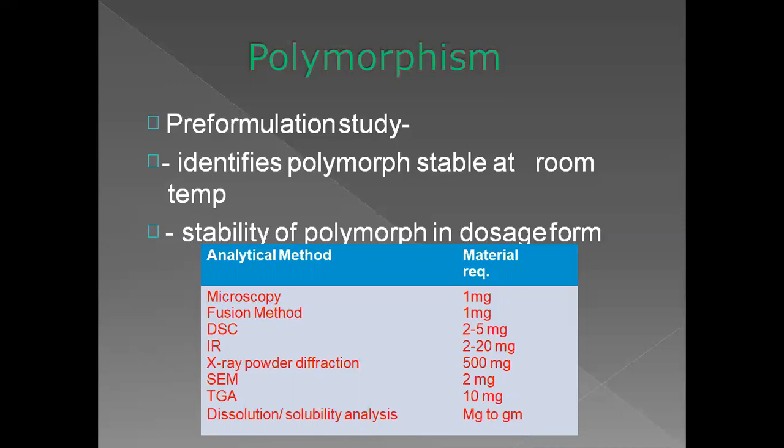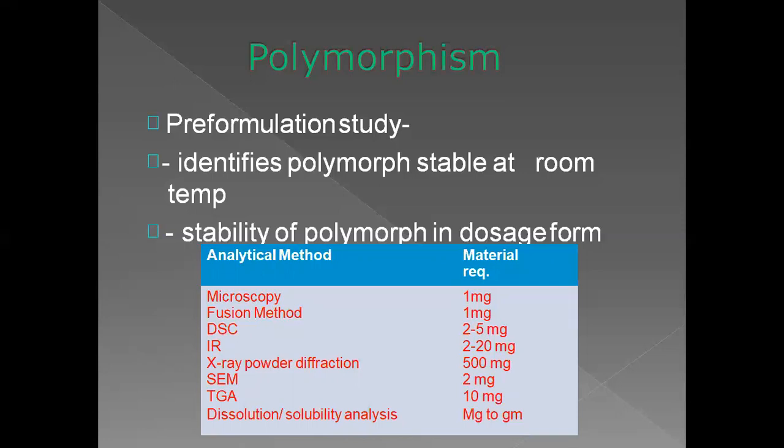The analytical methods are microscopy, fusion method, DSC, IR, X-ray powder diffraction, SEM, TGA, and dissolution and solubility analysis. For microscopy, the sample required is 1 mg.